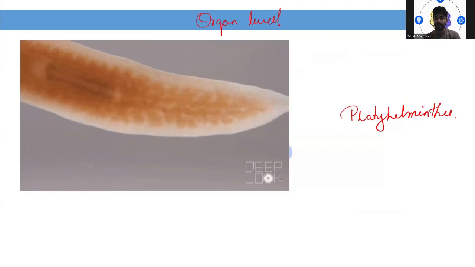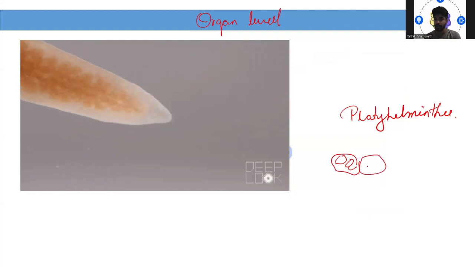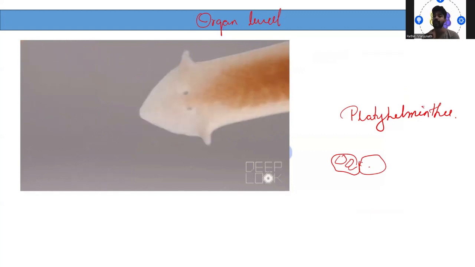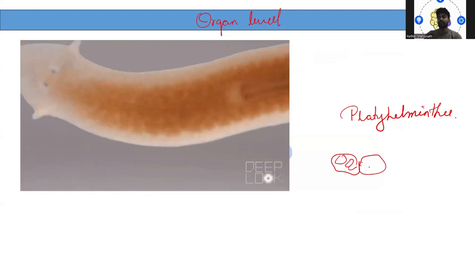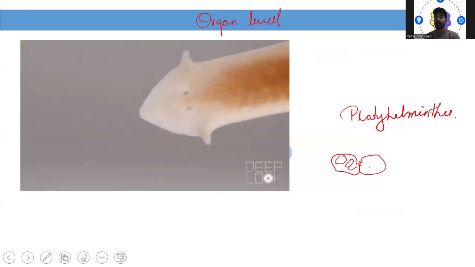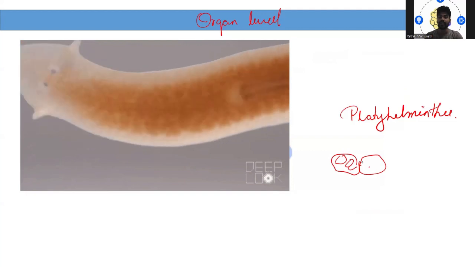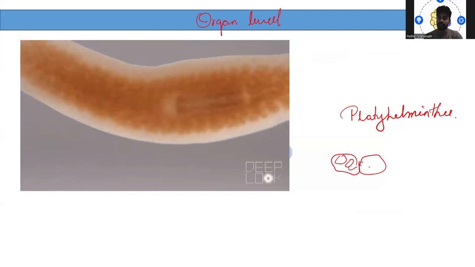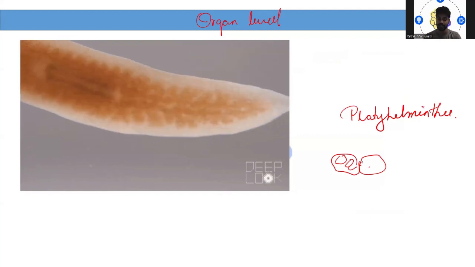Here the tissues group together to form a specific organ, and those organs perform a particular function. And if you go to higher animals, like Annelida, Arthropoda, Mollusca, Echinodermata, as well as Chordata, organs are associated with some form of functional system.